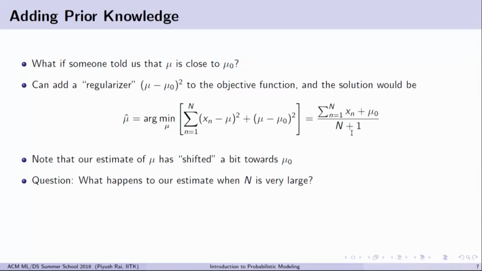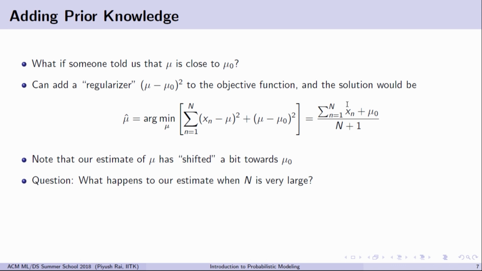It will be the sum of xn divided by n, because if n is very large, then n will be roughly equal to n plus 1. And the summation would also be dominated by the observations; the mu0 will be washed away. So if n is very large, then the effect of this prior information is diminishing. It's not really contributing.